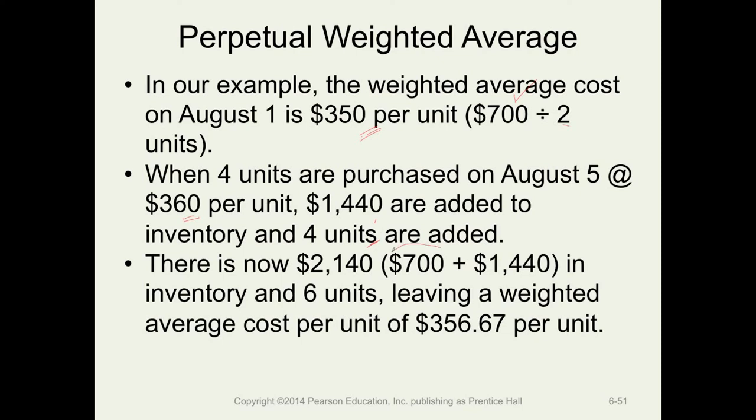So the total cost of goods available, beginning inventory of $700, purchases of $1,440, is $2,140. There are 6 units in inventory at that point, so the average cost is going to be $356.67. And of course, the way you get that is $2,140 divided by the 6 units.